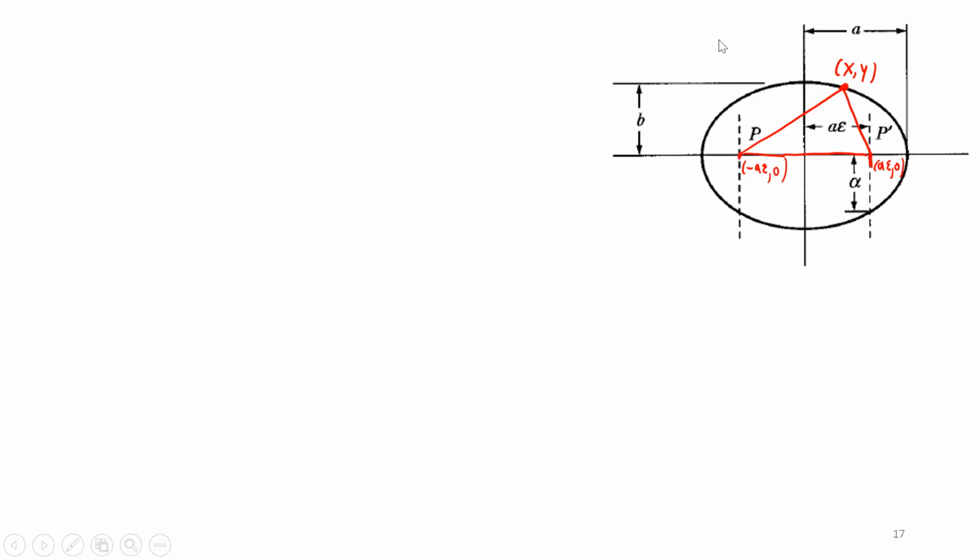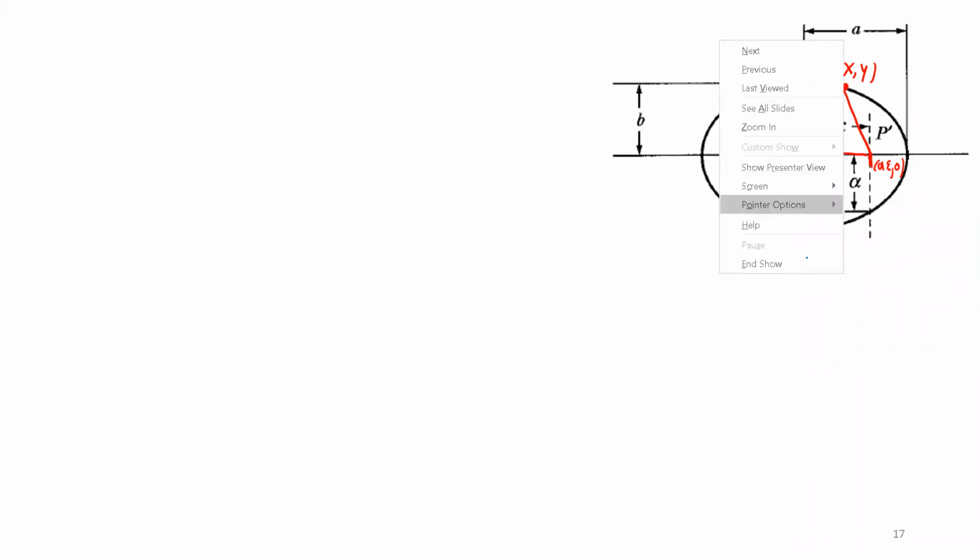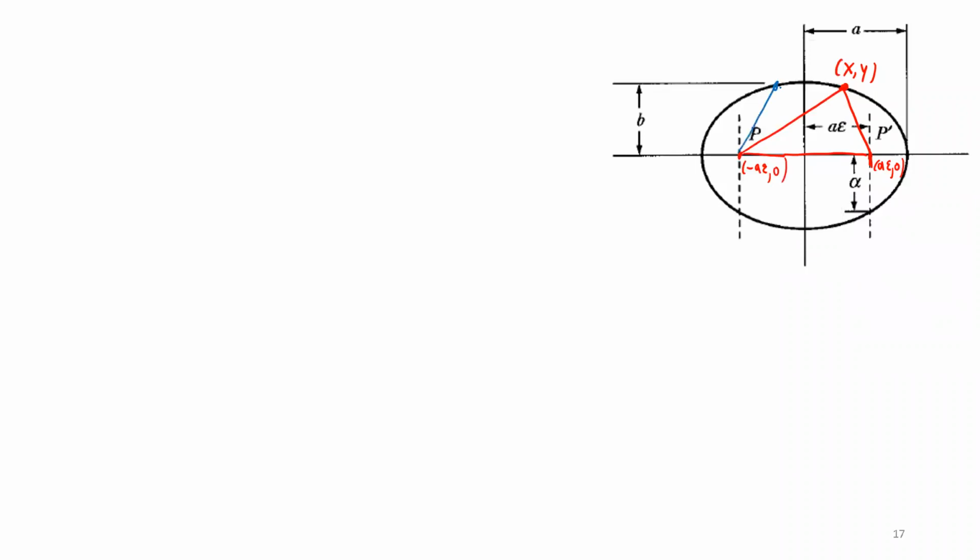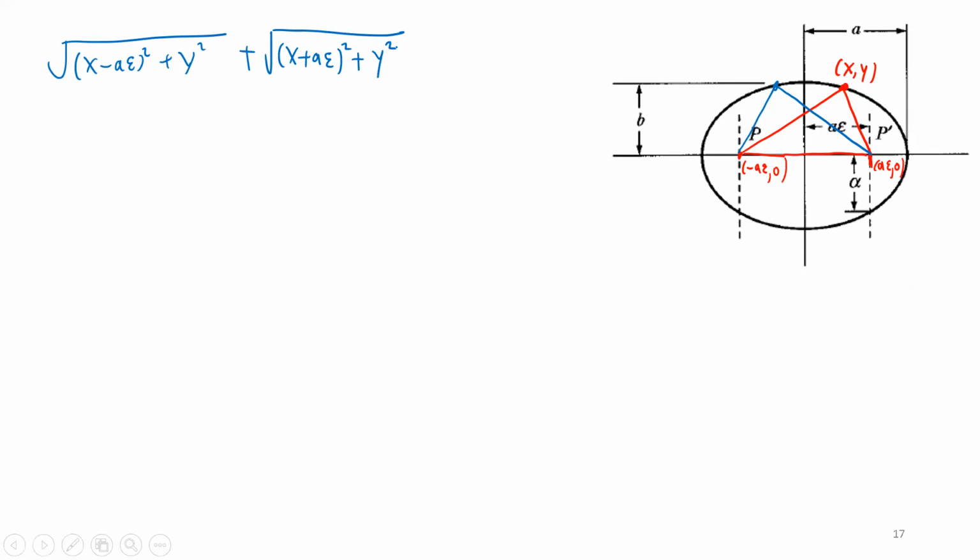No matter if I'm here or I'm here, the distance from here plus this distance, that is this one, equals some constant. So what is that constant?